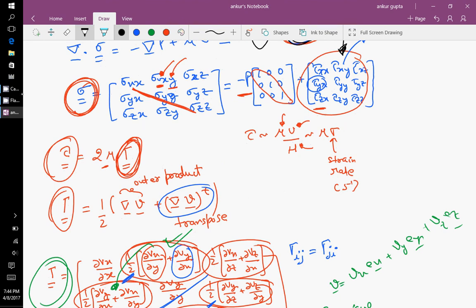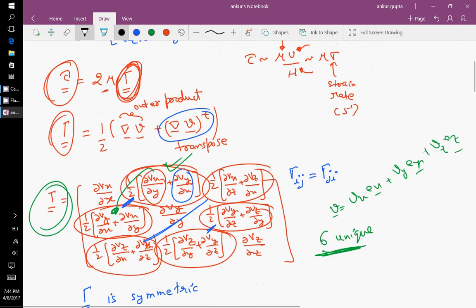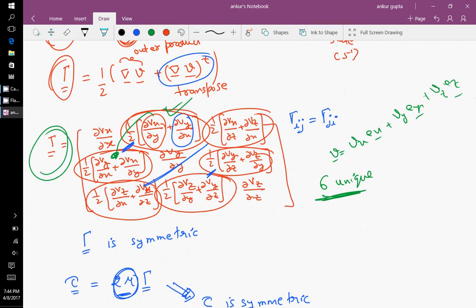Minus p only has diagonal components because it is normal, and negative because it is compressive. Then tau should be thought of as mu u by h, or mu into some strain, which has units of second inverse. That's why, when we write in vector tensor form, tau is 2 mu gamma. Gamma is a symmetric tensor of velocity gradients, which is this complicated looking matrix.